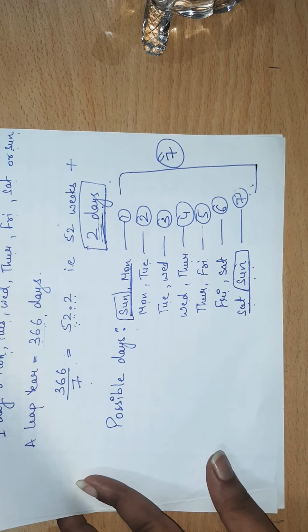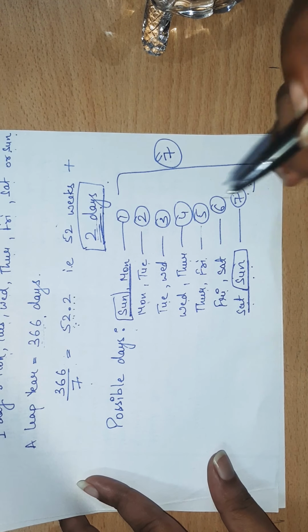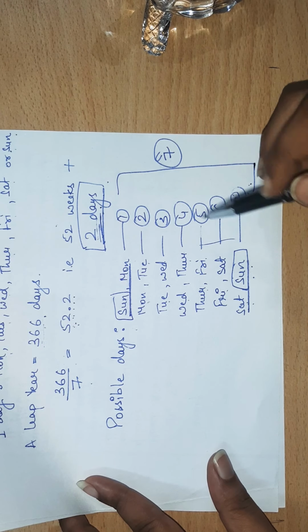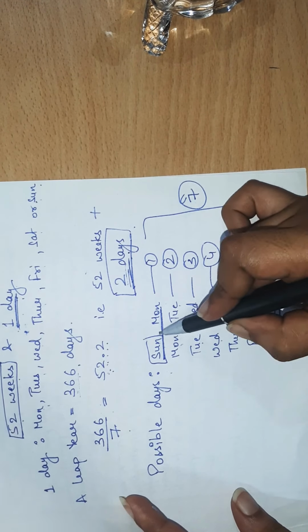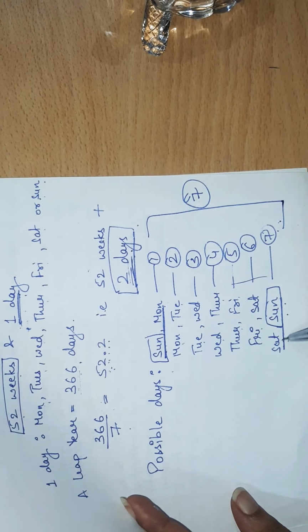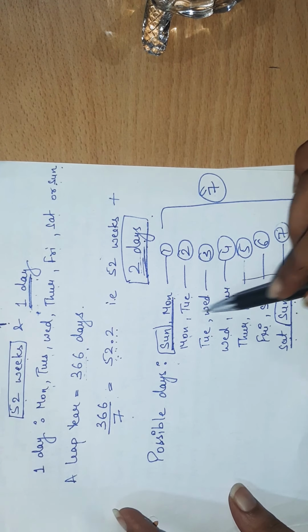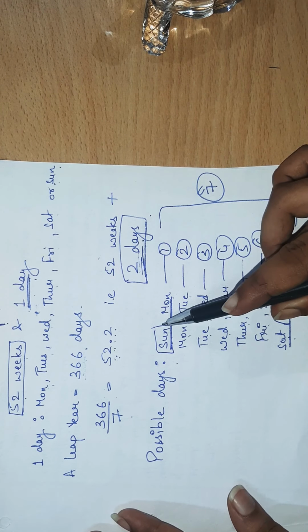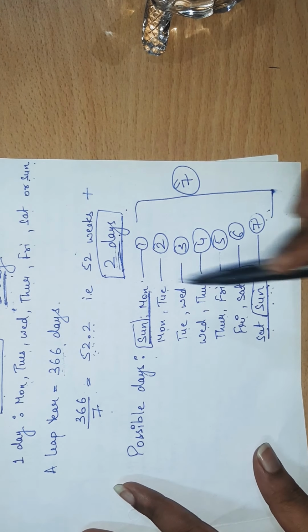These 7 possible outcomes are recorded now, and in these we have to count for Sunday as per the requirement of the question. In any of these 5 we can see that there are no Sundays. So only in the first one and in the 7th one we have Sunday, and we will count only these 2.